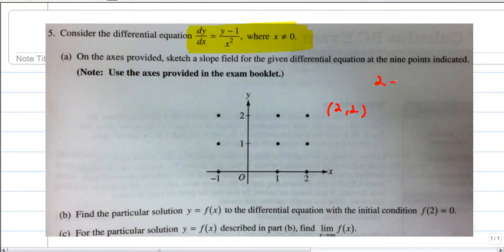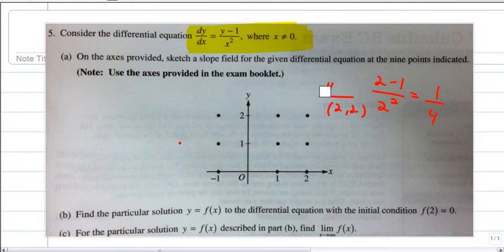You're going to get (2 minus 1) over 2 squared, which is 1/4. So you need a slope of 1/4 there. How do I do a slope of 1/4? That would be rise 1 and run 4. But you can back this up, go back down 1 and back 4. 1, 2, 3, 4.